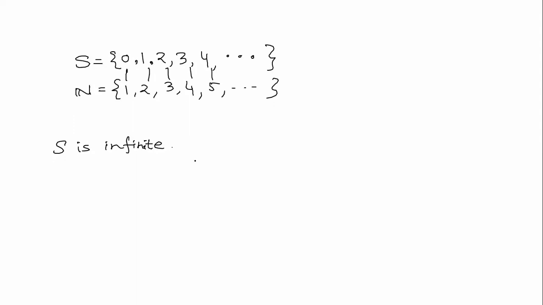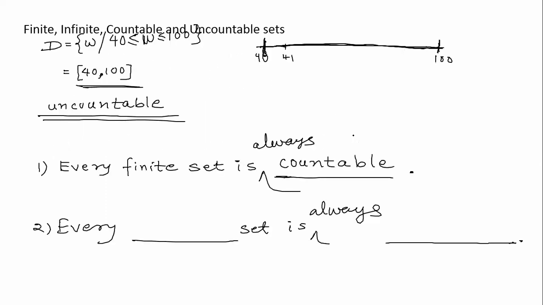It is infinite and countable. So whatever you said is not correct. You said that every infinite set is uncountable. That is not the case. There might be some sets which are infinite and uncountable, I do not argue, but your statement that every infinite set is uncountable is not correct. Then what statement is always correct along with the first?